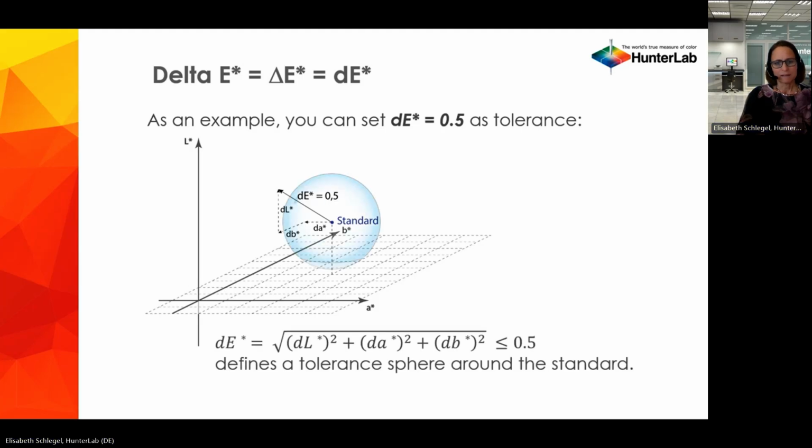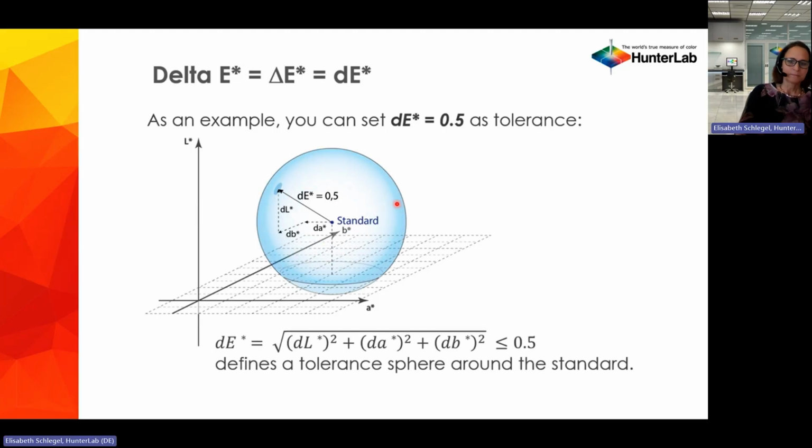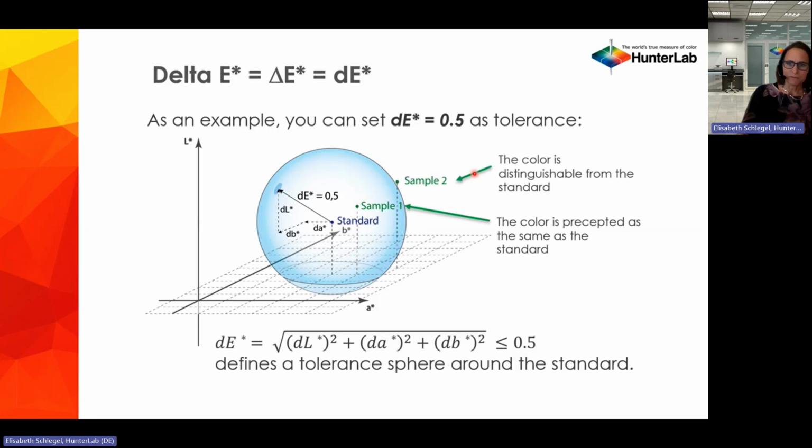And this gives, of course, a sphere. And I can now say every sample that is inside the sphere is similar to the standard, so I wouldn't see the difference. And every sample that is outside the sphere is really distinguishable from the standard. Okay, up to here, that's fine.